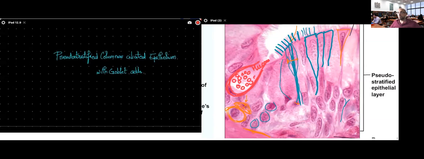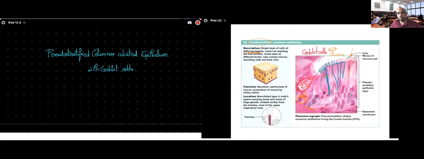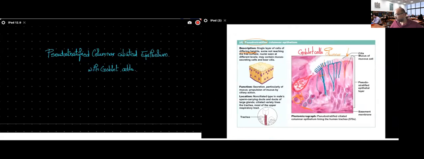All right, this is going to be the best identification of this slide. Pseudostratified columnar ciliated epithelium with goblet cells. All right. Any problem so far? All right. Great, great, great.